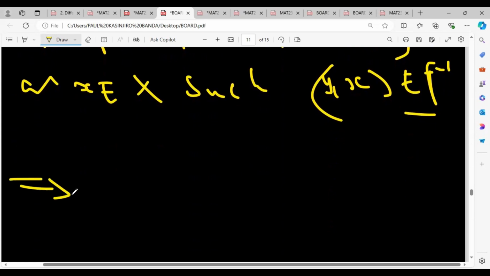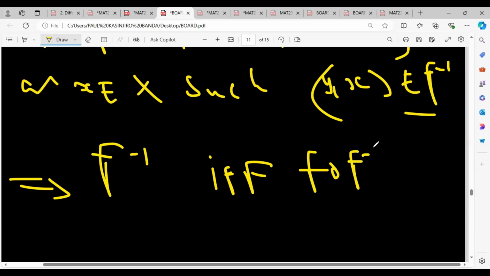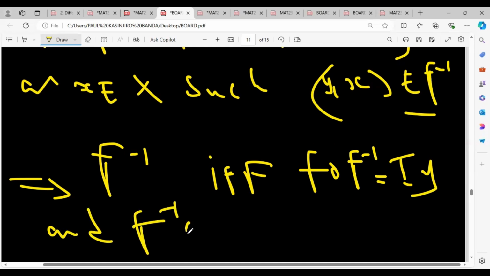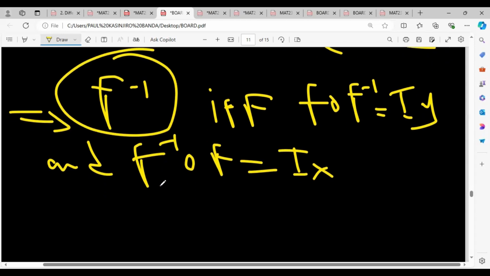Or in other words, you can define it this way: an inverse function, denoted by F inverse, is an inverse function if and only if F of F inverse is the identity on Y, and F inverse of F is the identity on X. If these two properties hold, then this F inverse is said to be an inverse function.